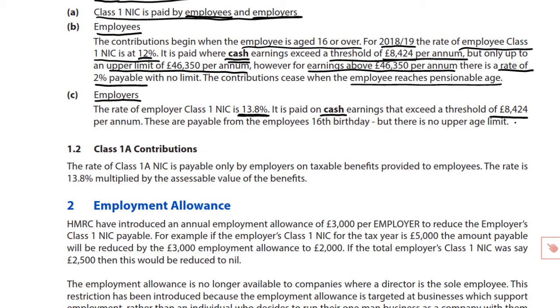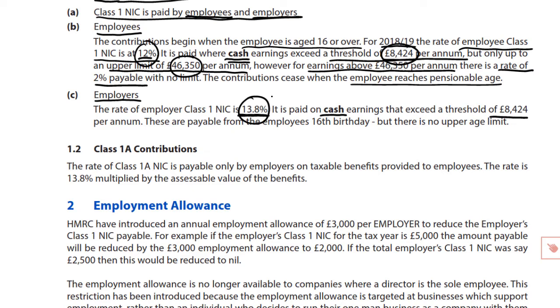Now, of course, what that means is that on income here, cash earnings between the lower limit of 8424 and the upper limit of 46,350, between those two figures, you've got the employee paying at a rate of 12% and the employer paying at a rate of 13.8%.